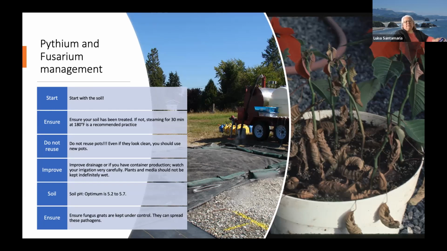And in this case, the optimal soil pH, according to the literature, is between 5.2 and 5.7. Also ensure that fungus gnats are kept under control, because they can spread these spores, sporangia, and they can spread that.